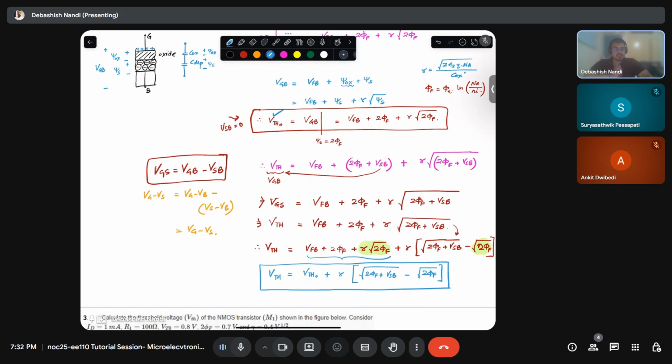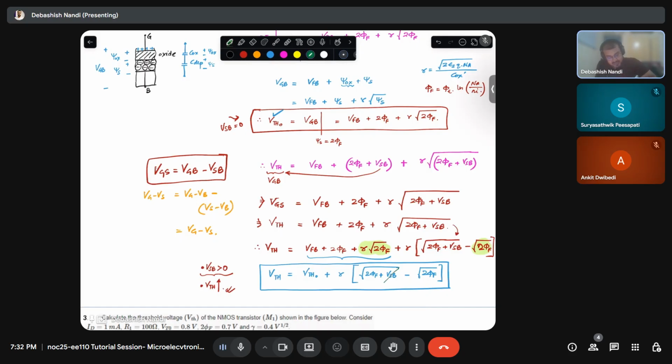So for a positive VSB, basically if your VSB is greater than 0, then your VTH increases. This is what is called your body effect. So to eliminate body effect or substrate bias effect, what is the condition I should have?